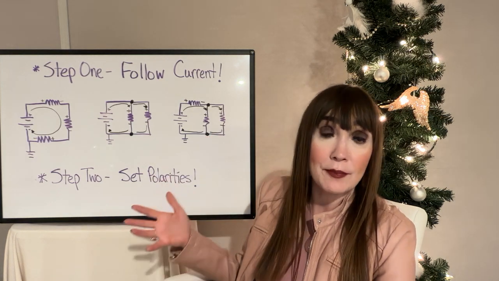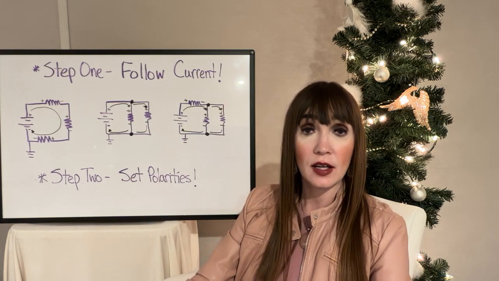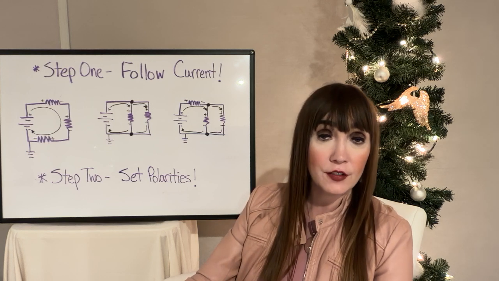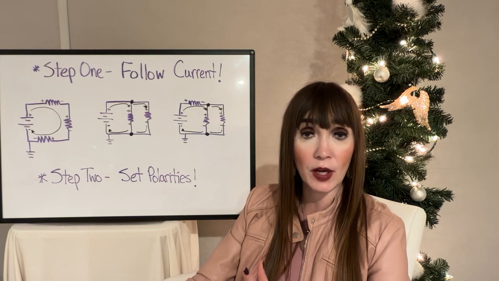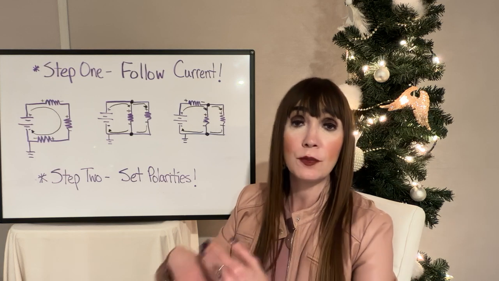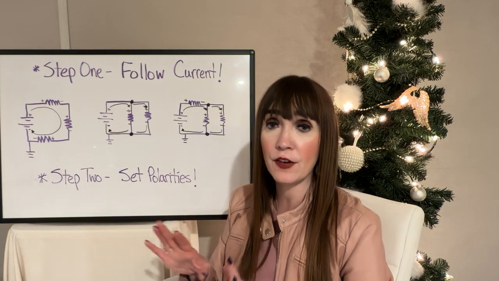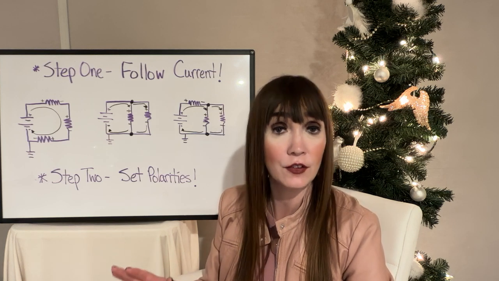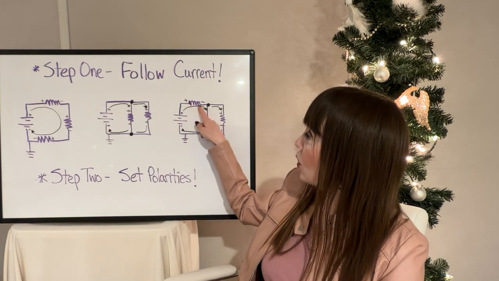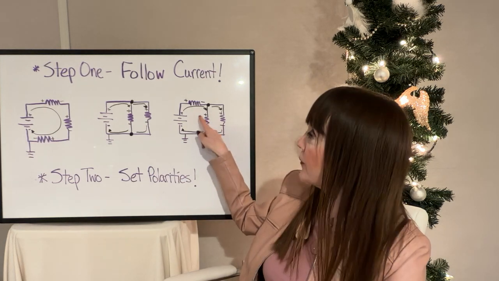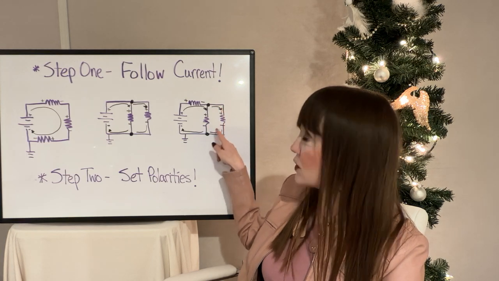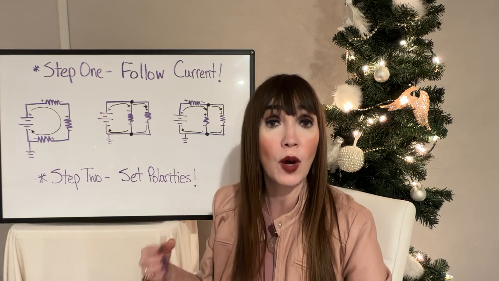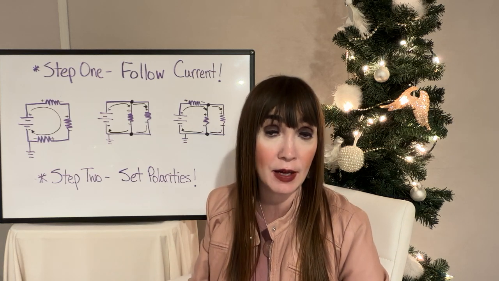So when I'm tasked to find an unknown, a voltage drop or current value, we need to be careful. What we want to do is observe that current. Before I start my analysis, if I'm paying attention to what my current's doing, it's going to give us a lot of helpful hints. So I total will be flowing through this resistor, but it's not going to be flowing through these two resistors because it divided at that node. So I need to be careful what I am using when I'm finding my unknowns.